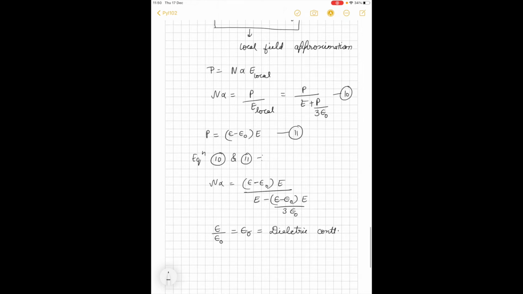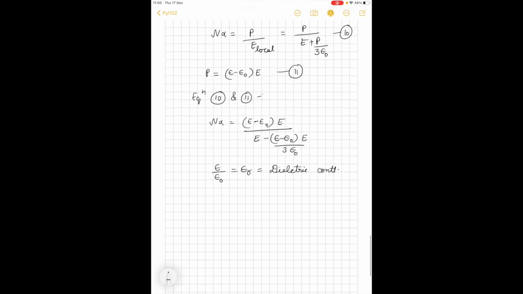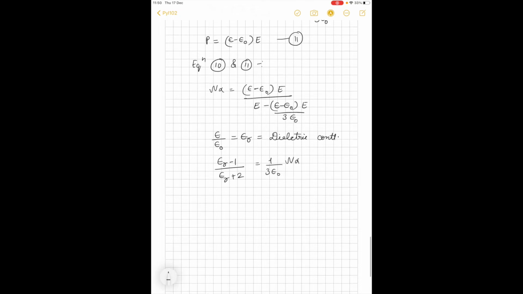That's why this r, right? Then the final formula becomes epsilon r minus 1 divided by epsilon r plus 2 is equal to n times alpha divided by 3 epsilon naught. This is a really famous expression, this final expression.